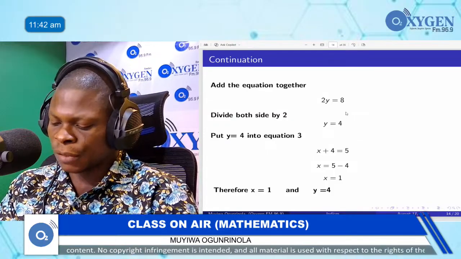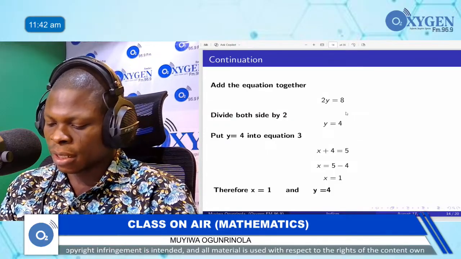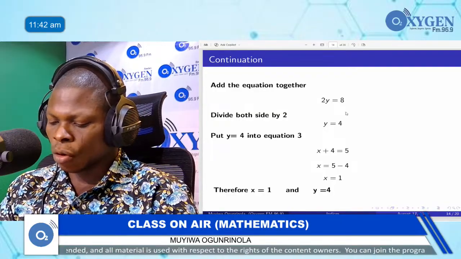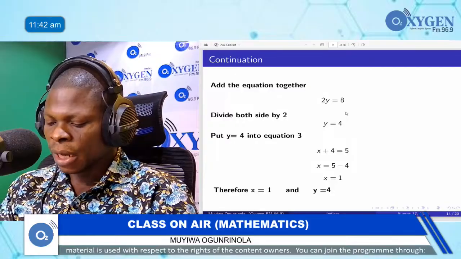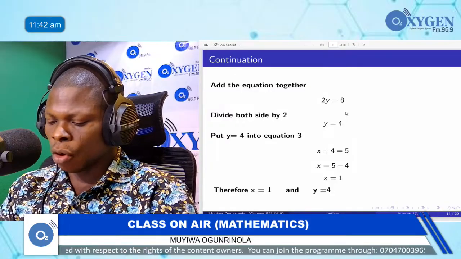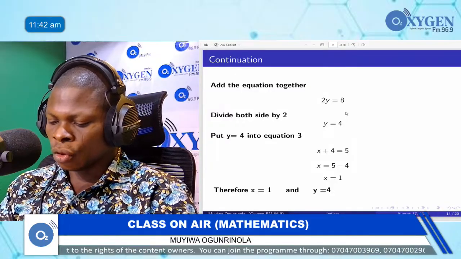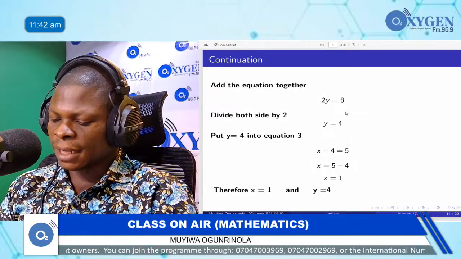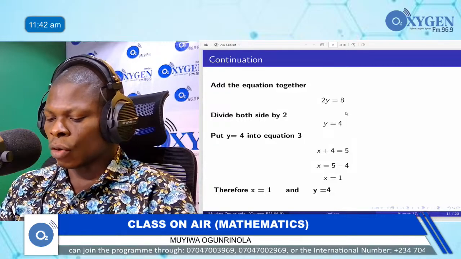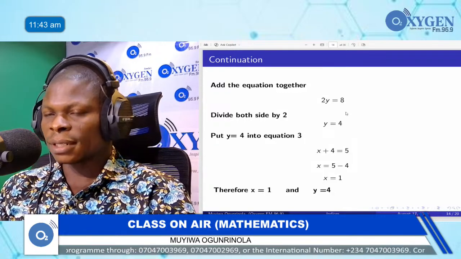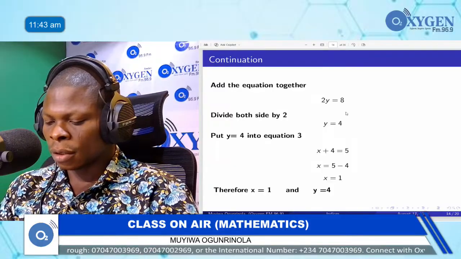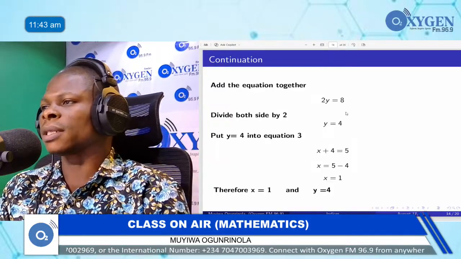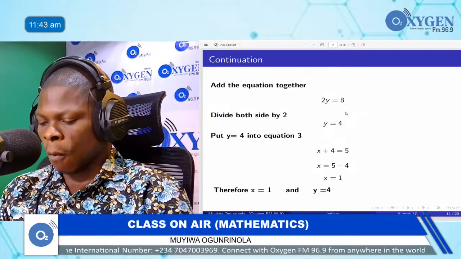When you replace y with 4 in equation 3, we are going to have x plus 4 is equal to 5. So this one will give us x is equal to 5 minus 4, and our x will be equal to 1. So therefore x is equal to 1 and y is equal to 4.